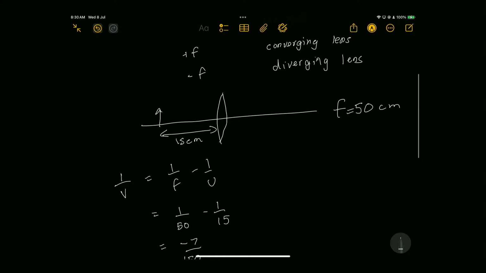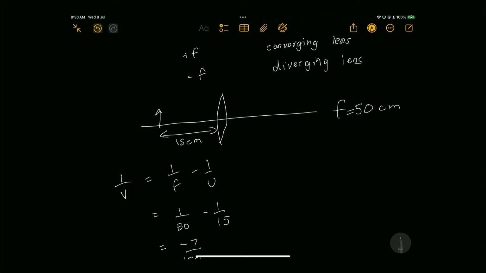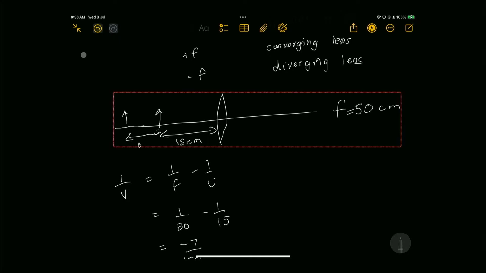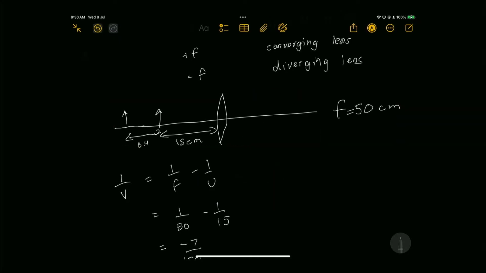Right, so if we had to draw this image now, this image would be on the same side as the object but a little further away, and it is upright as you mentioned, so it might be over here, where this would be 6.4 centimeters in addition to the 15 centimeters. So this is our virtual image.